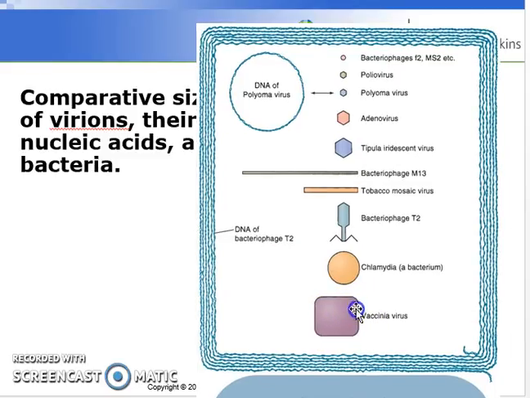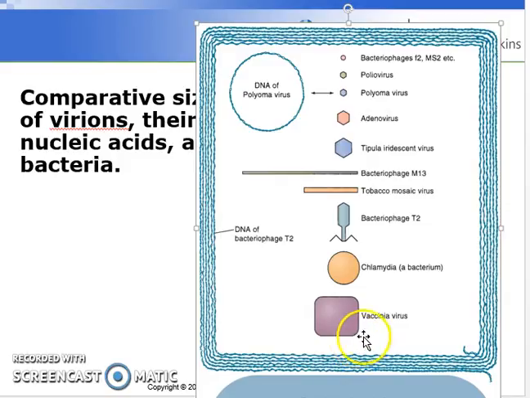So we have vaccinovirus, we have chlamydia, which is a bacteria. We have bacteriophage, which in this diagram looks almost the size of chlamydia. And tobacco mosaic virus, more bacteriophages, and all these teeny tiny viruses that exist.